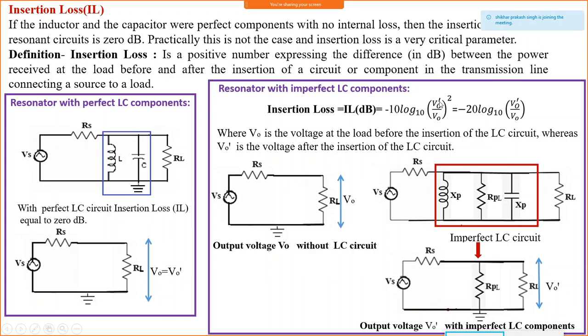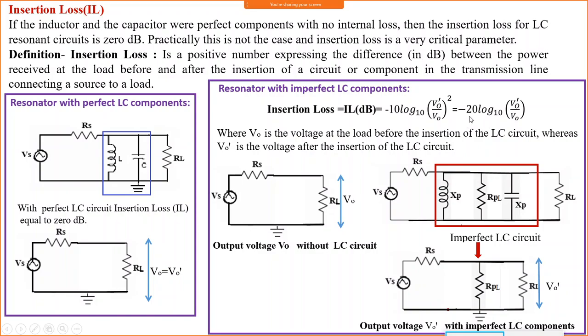Here V naught dash is the voltage when the network is inserted in between the source and load, and V naught is the voltage when this circuit is not inserted between RS and RL. We take the square of the ratio, V naught dash divided by V naught, whole square, which gives the power.